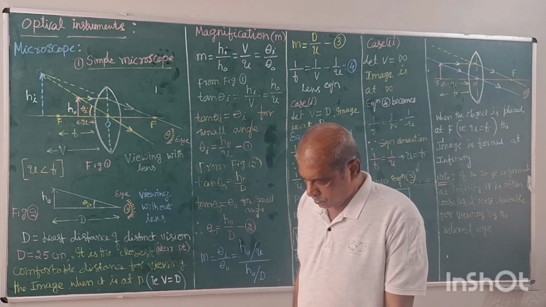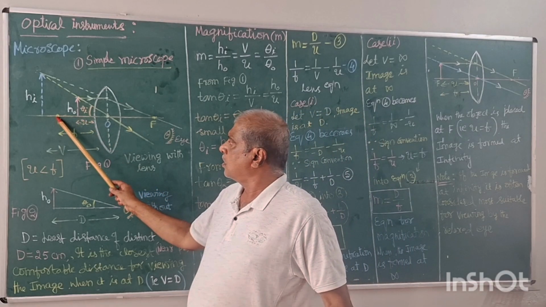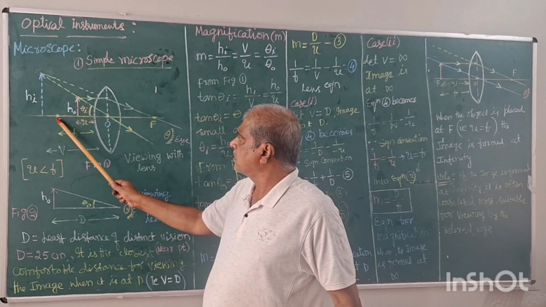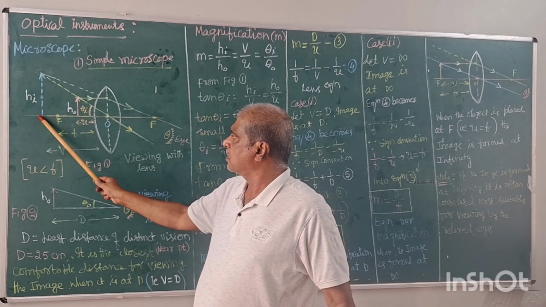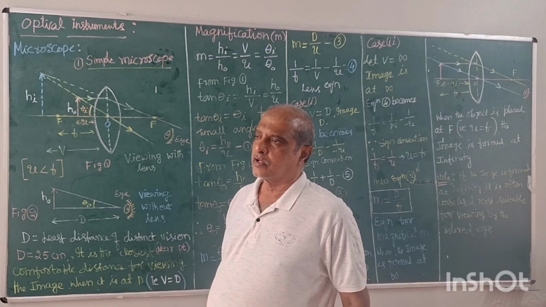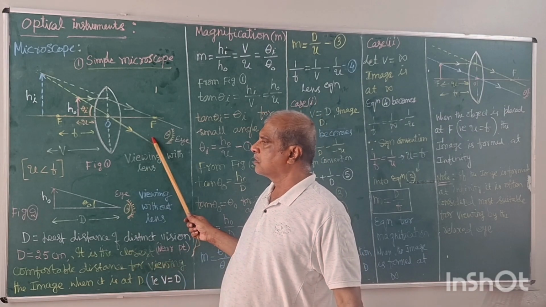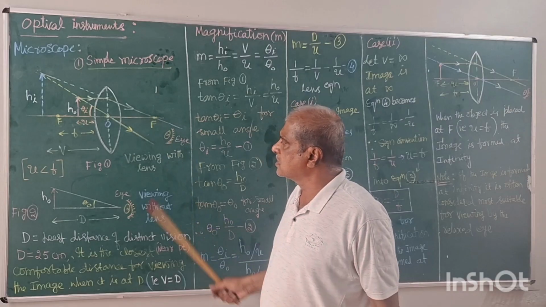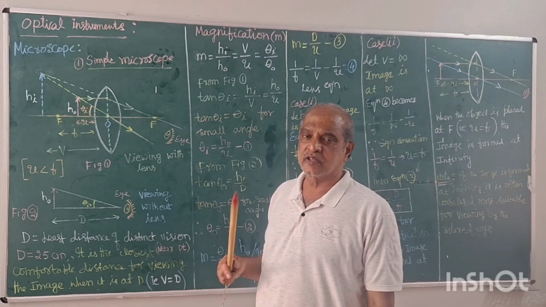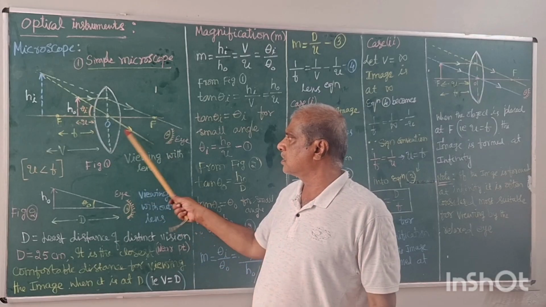If the object is beyond the focal length of the lens, somewhere here, the light rays from the object converge and produce the image on the other side of the lens. That image is real and inverted, of course magnified. It is not shown here.